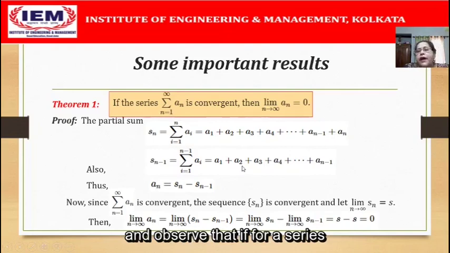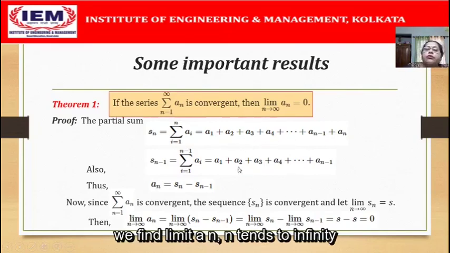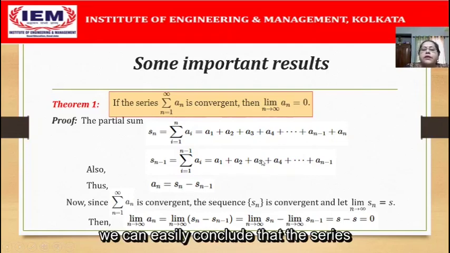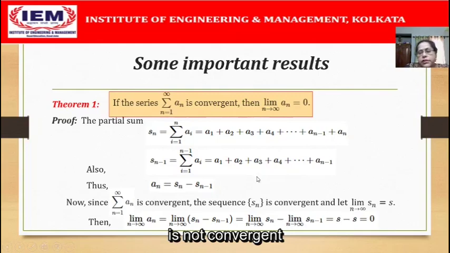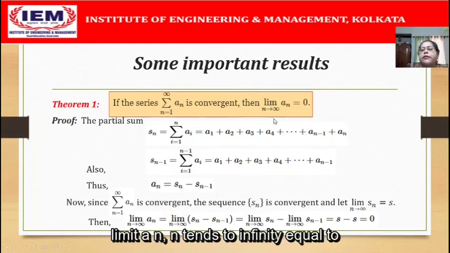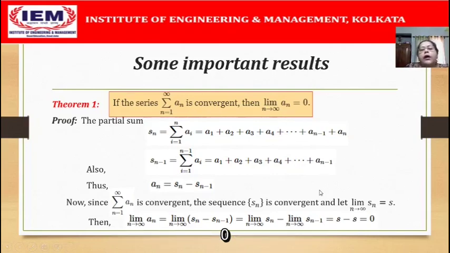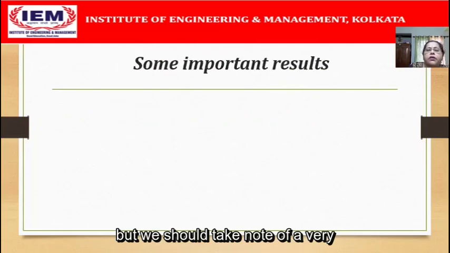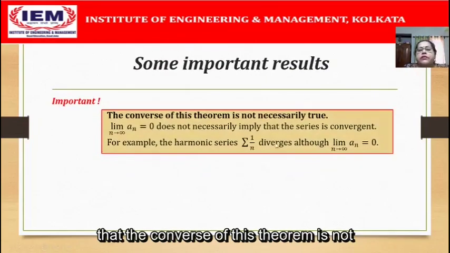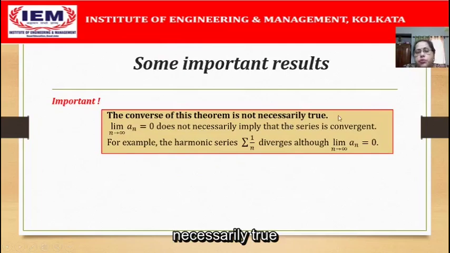And observe that if for a series we find limit an as n tends to infinity is non-zero, we can easily conclude that the series is not convergent, because for a convergent series we always have limit an as n tends to infinity equal to 0. But we should take note of a very important thing, that the converse of this theorem is not necessarily true.